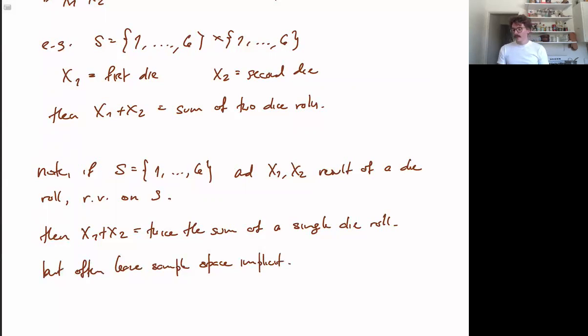But if you want to think explicitly about the sample space, you do need to be careful about what it is, because different sample spaces will give you different random variables. And again, hopefully this is not too unbearably abstract for now, but it will all be very much worthwhile when we talk about expectation starting next time.